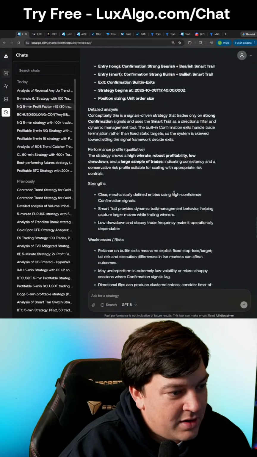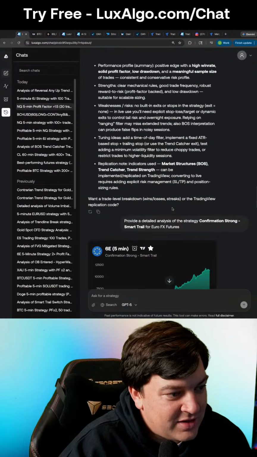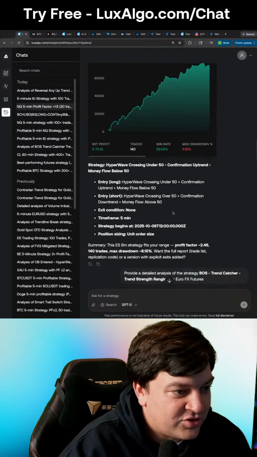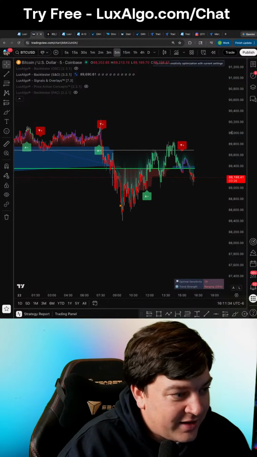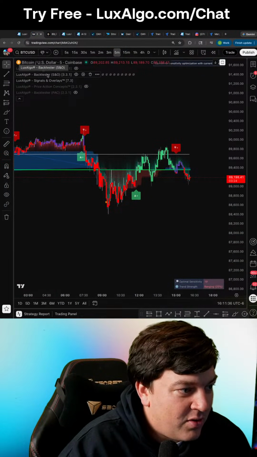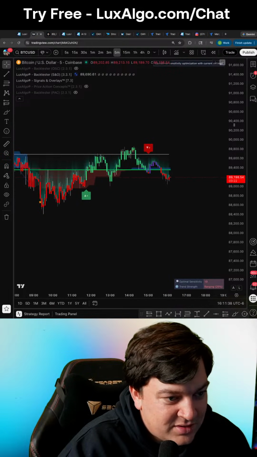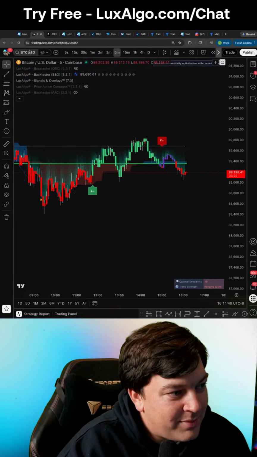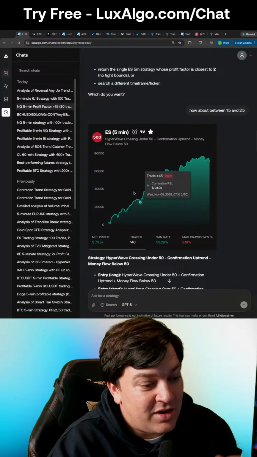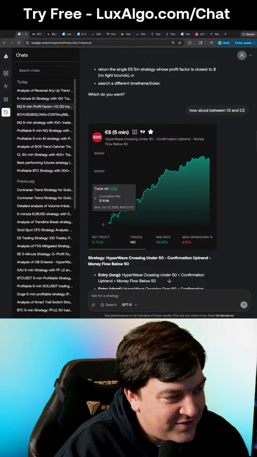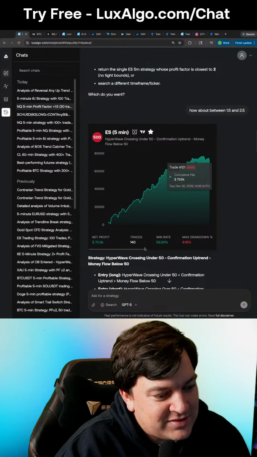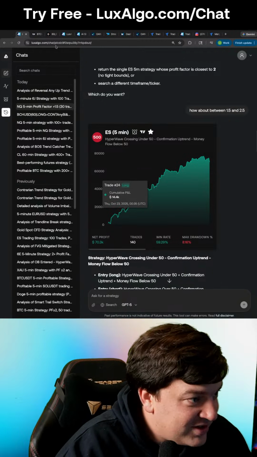So you can go in here and find whatever major asset you love and find strategies for it. These strategies come from the LuxAlgo indicators. It's all of our premium indicators compiled into millions of combinations that are backtested against your favorite assets or the most major assets, and then it finds the best combinations with the most profitable strategies.